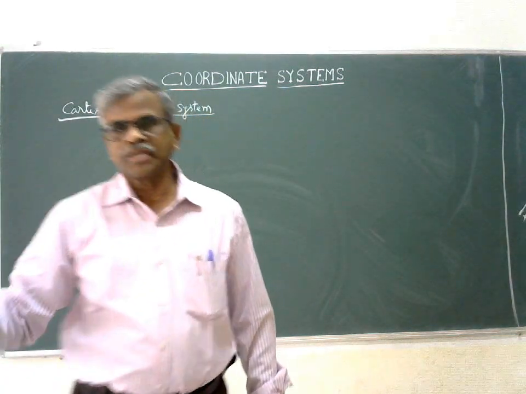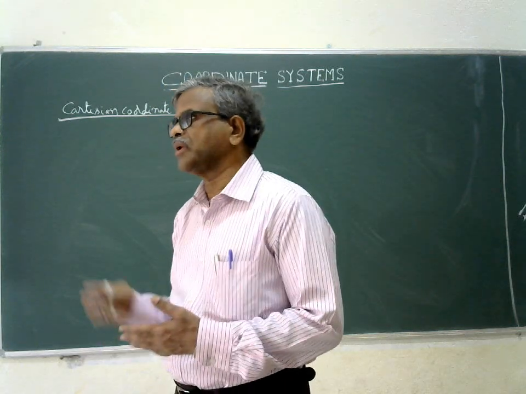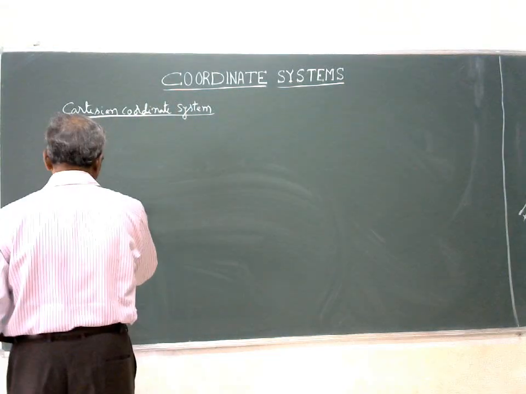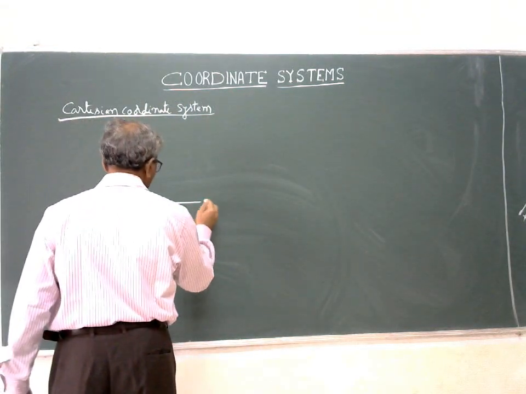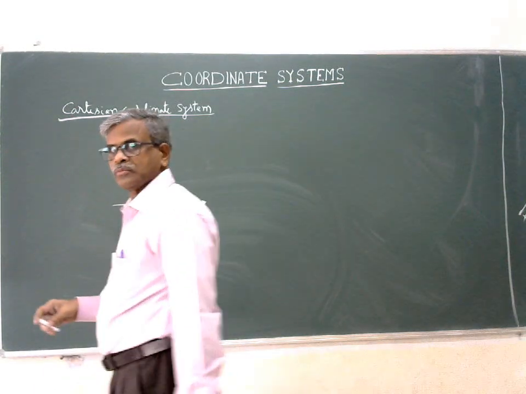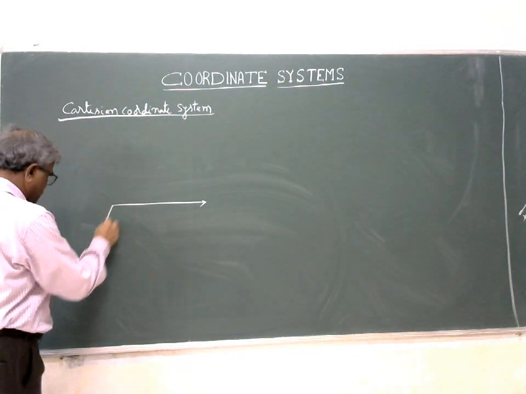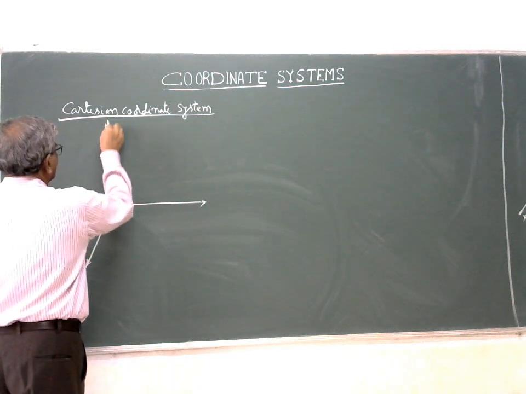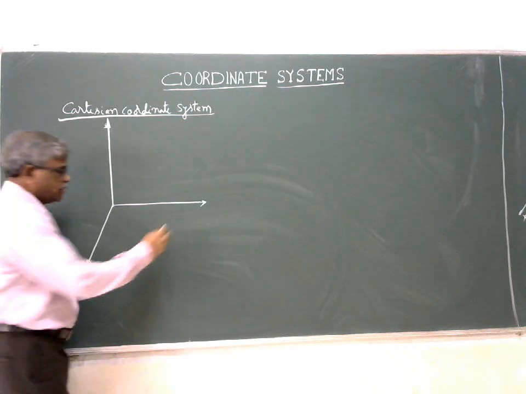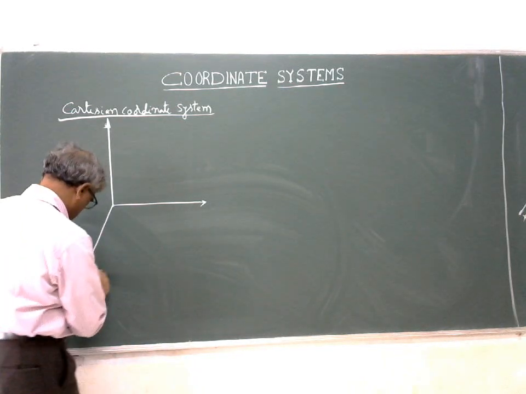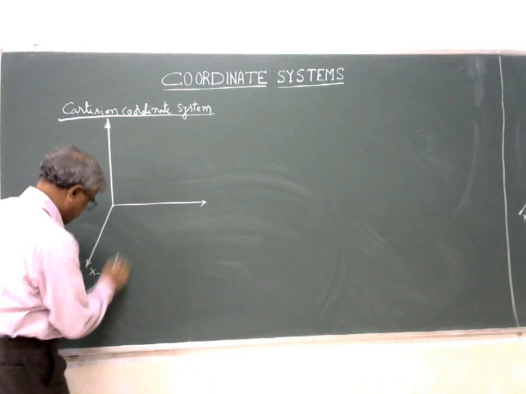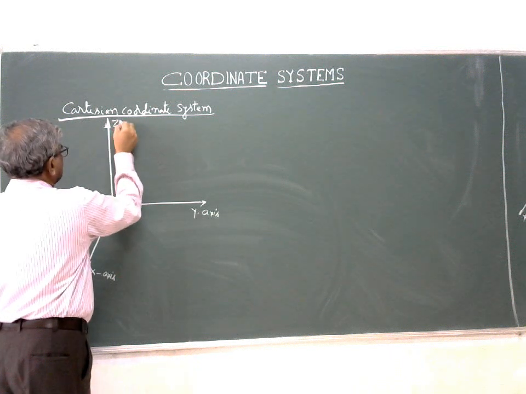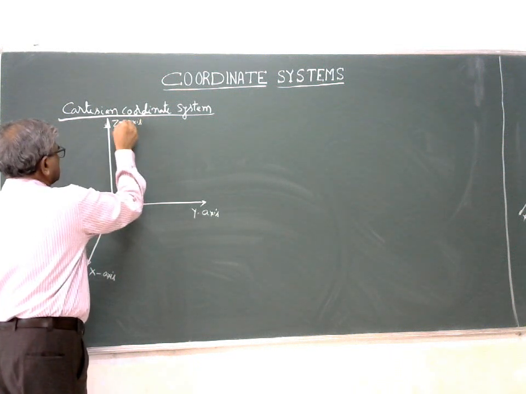In the Cartesian coordinate system, we are choosing three coordinate axes, say x, y, z. This is the x axis, this is the y axis, and this is the z axis.